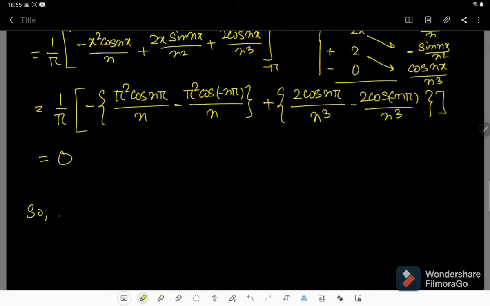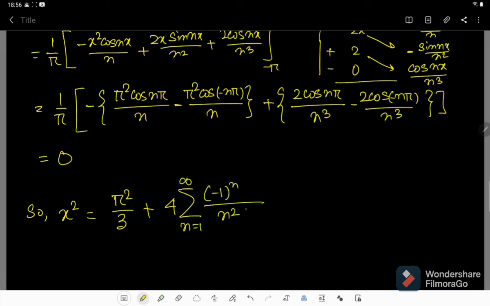So we can write x square is equal to a0 by 2, a0 was 2 pi square by 3, so I am writing pi square by 3, and let's take 4 out of the sum, so minus 1 whole to the power n by n square times cos of nx.